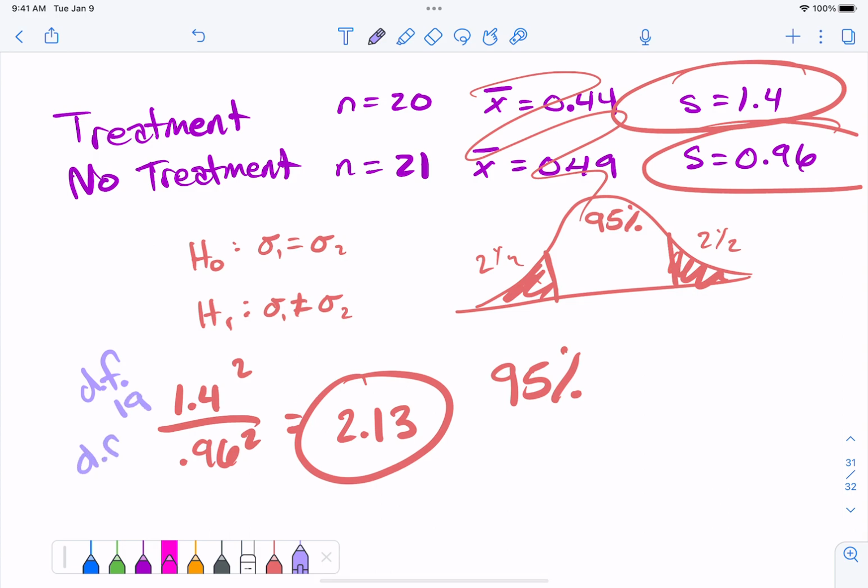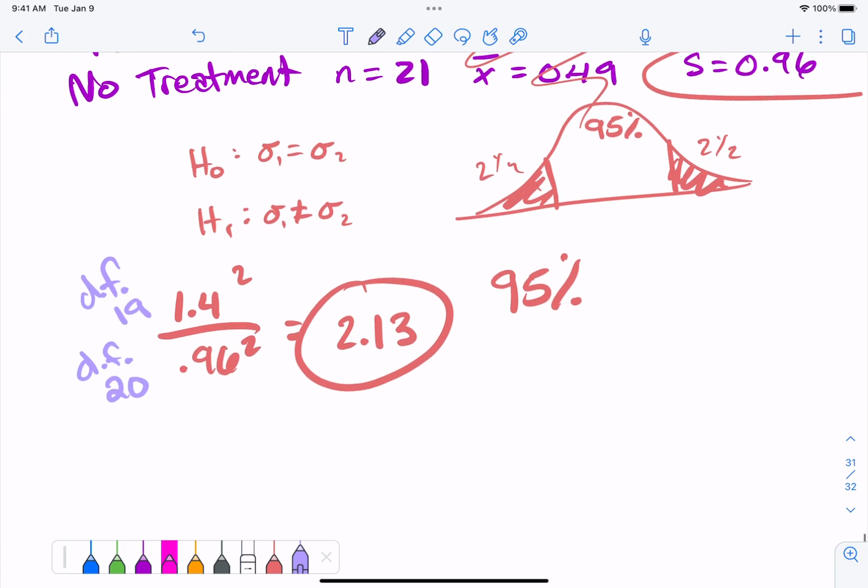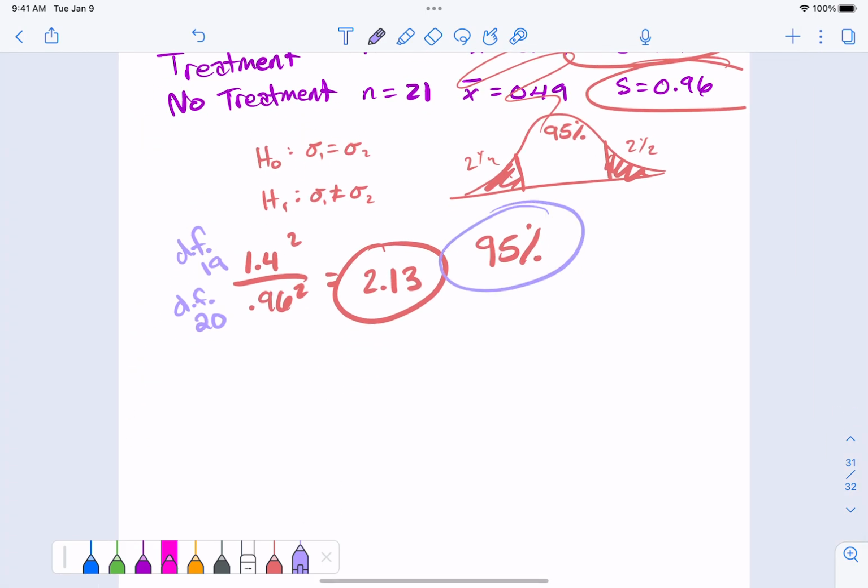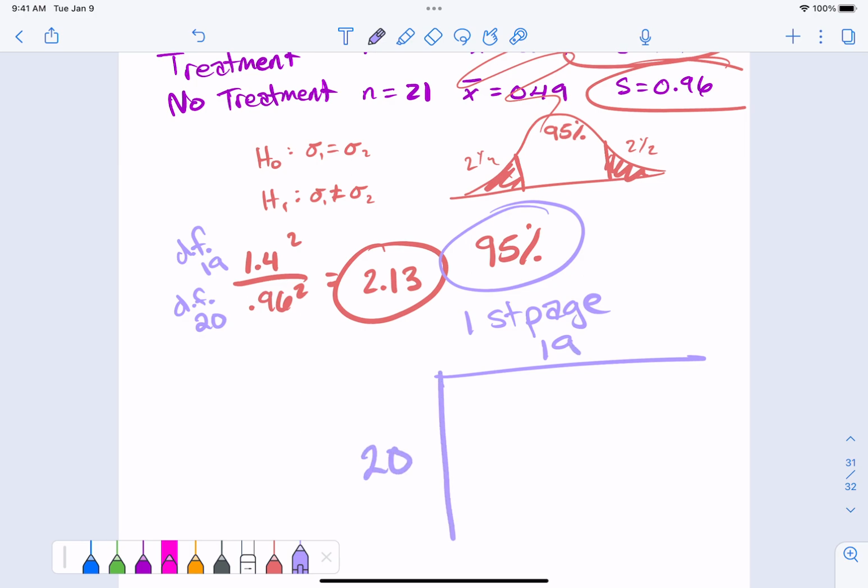The degrees of freedom that corresponded to 0.96 was 20. So when you are looking up on your chart, which chart is 95%, the first page or the second page? First page. You want numerator degrees of freedom to be 19 and denominator degrees of freedom to be 20.